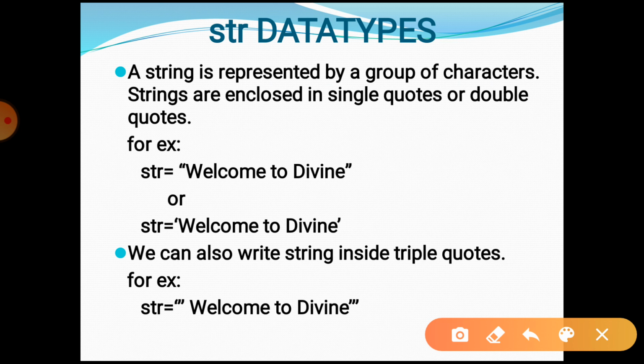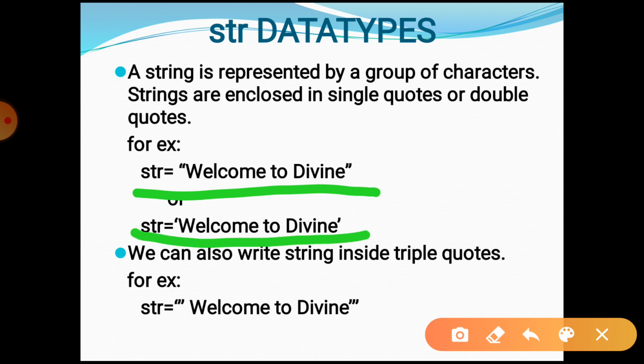Here is the example of how to store a string. In the first example, the variable str stores a string value in double quotes. In one more example, str also stores a string value, but in single quotes. We can also write a string inside triple quotes, like in this example. So we can store a string in single quotes, double quotes, or triple quotes.